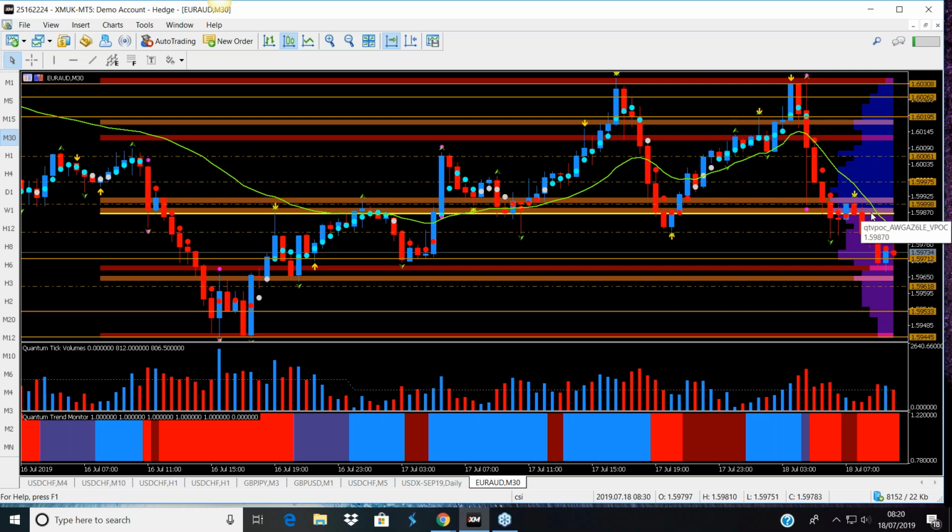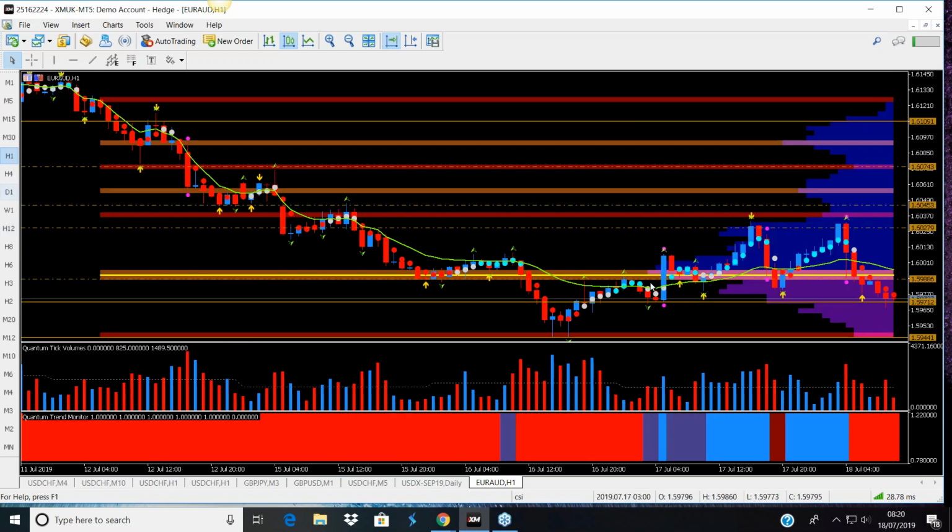Now, what I like to see here is the move away from the VPOC, and hopefully the move lower is going to continue. For my time frames, the 30-minute, I'm on the hour for this particular trade, and this is great news for me. I've got another double top on the hour. There's obviously an effort to rise out here, and again here, and now I'm below the VPOC again, which from my perspective is good news.